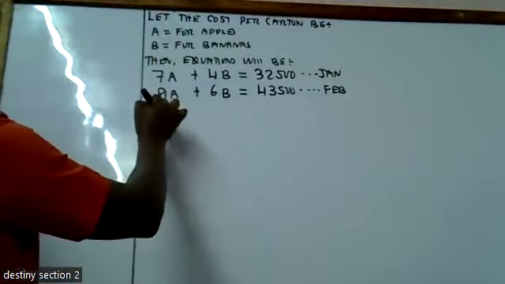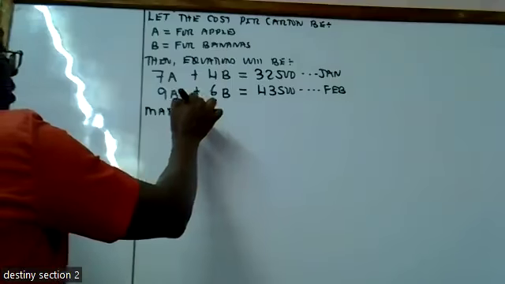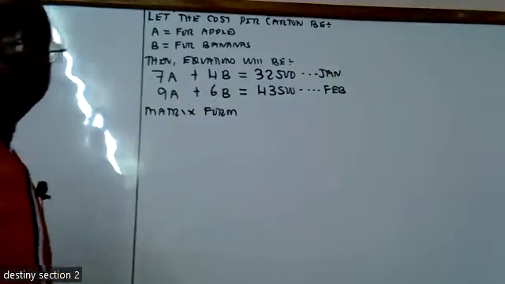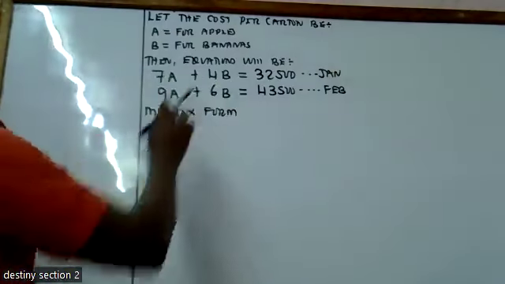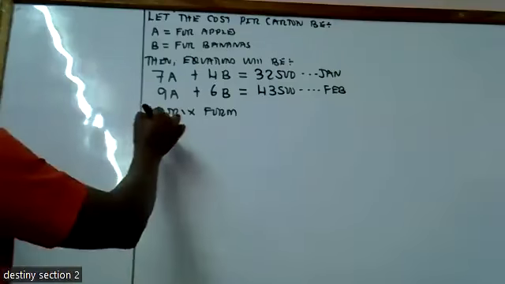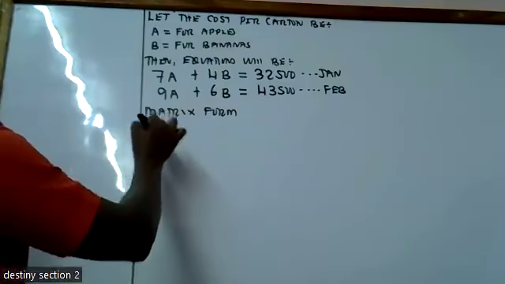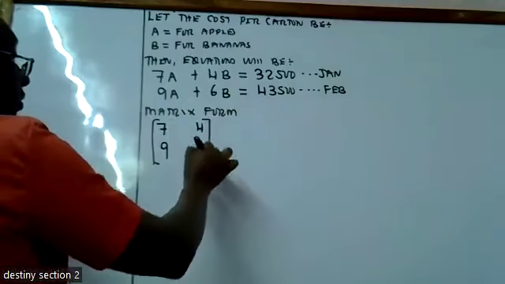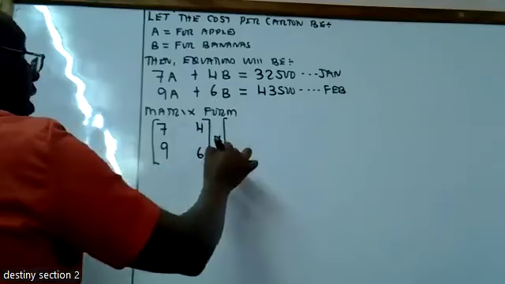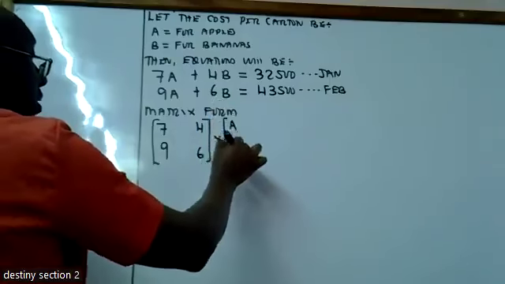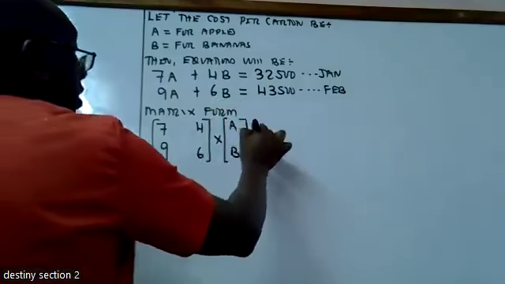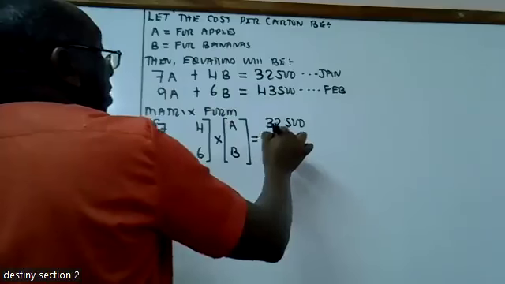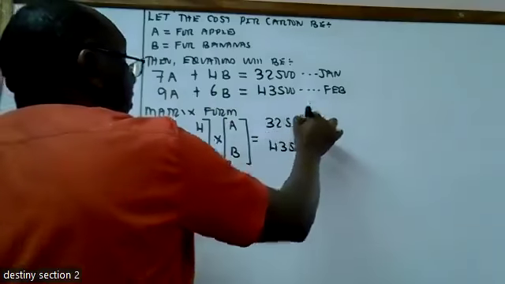Now in matrix form, you take these coefficients. So this will be 7, this is 9, this is 4, this is 6, times A, B should be equal to 2,500, 43,500.